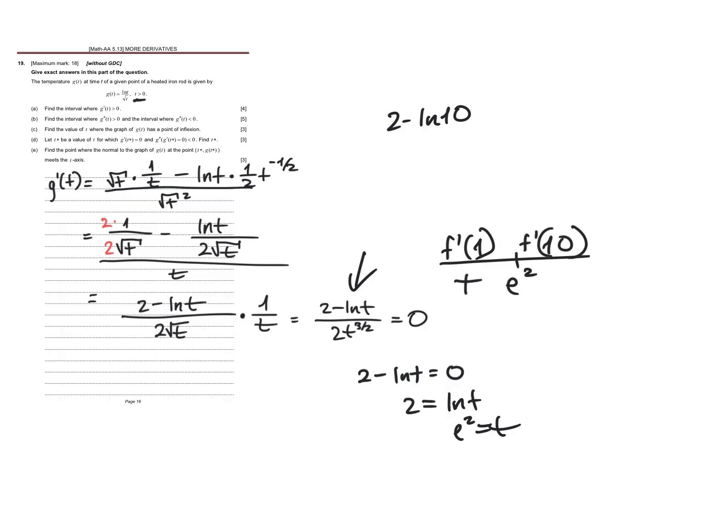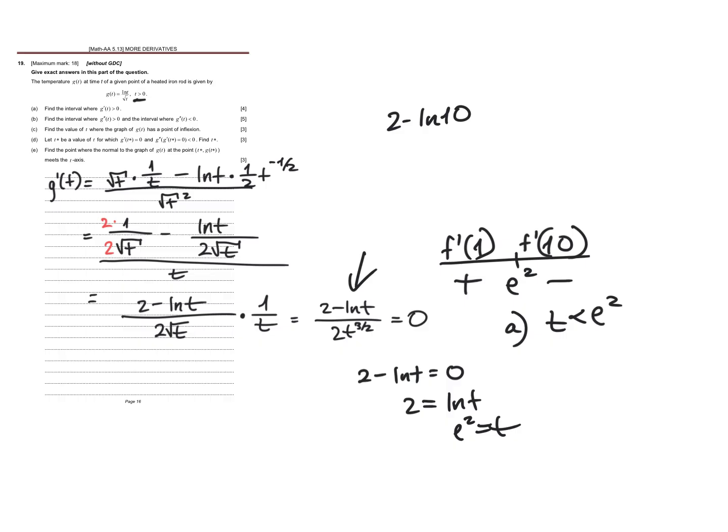Because we're thinking e to what will give us 10, and that's over 2, okay? So this is a negative number. So if we want when the derivative is greater than 0, for a, we have t's less than e squared.